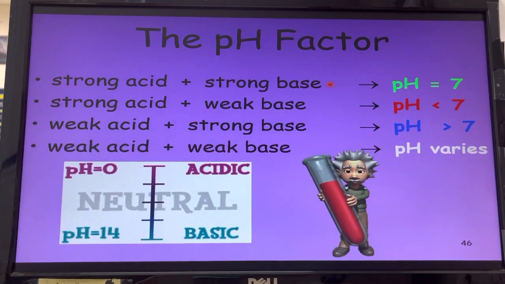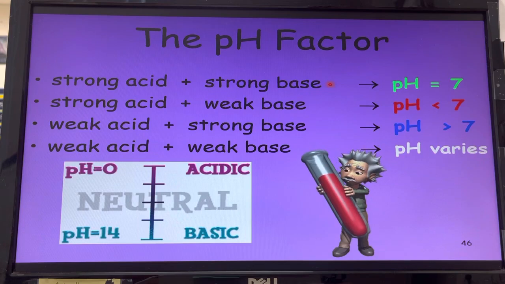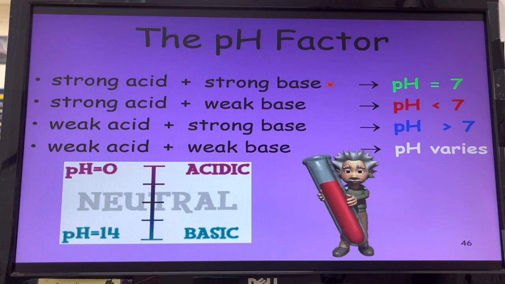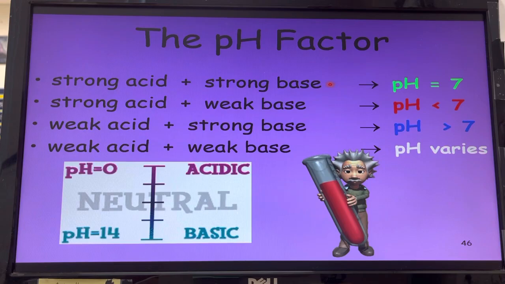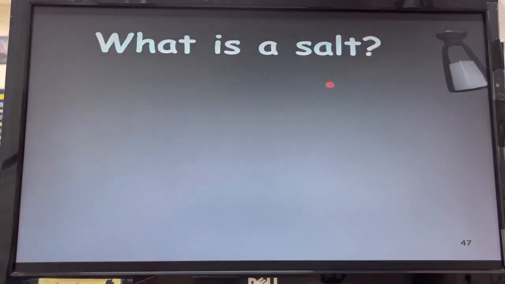And then a weak acid and a weak base, finally, the pH is going to vary. It could be neutral again, if they're equally weak, but it's going to vary.